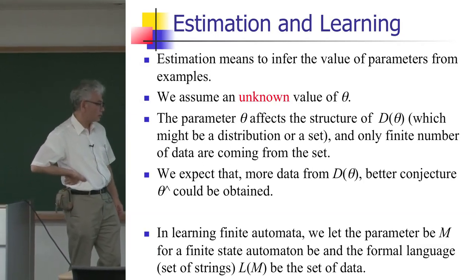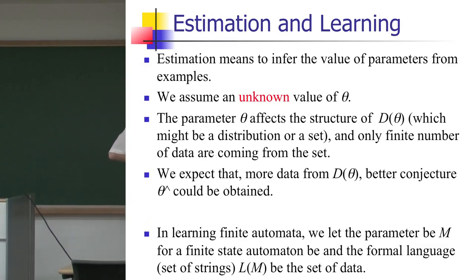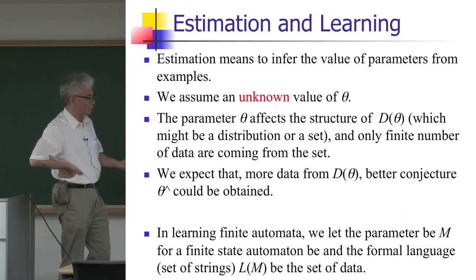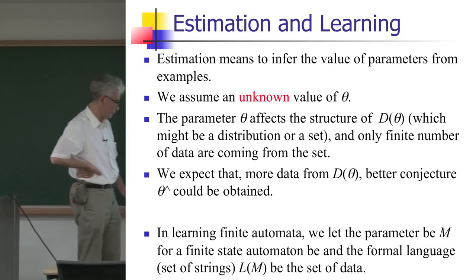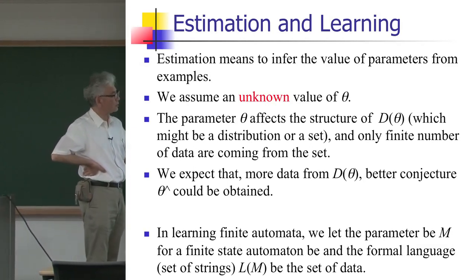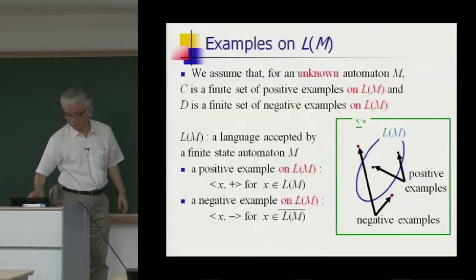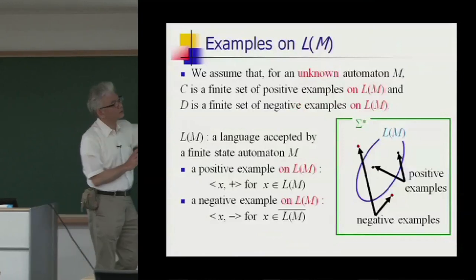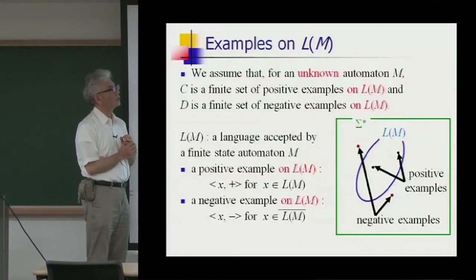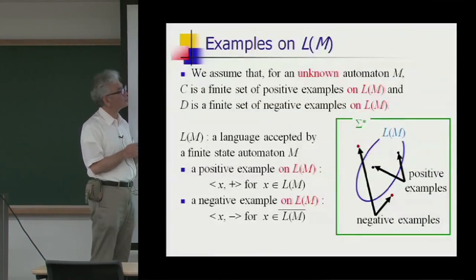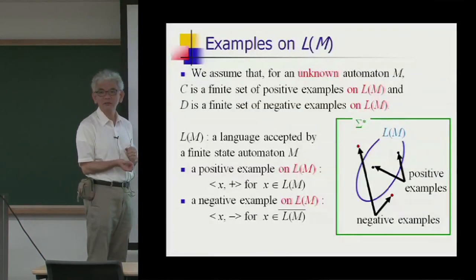And in learning finite state automata, we let the parameter be a finite state automaton M, and the formal language L of M be the set of data corresponding to D of theta. More precisely, we assume that an unknown automaton M is provided, but it is unknown to us.